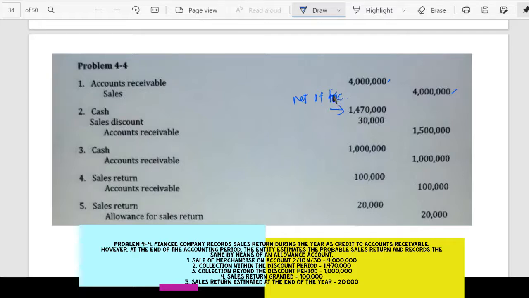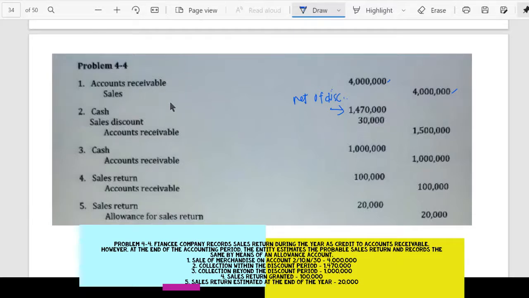So this is already net of discount. So therefore, the original amount is not 1,470,000. It is larger than that because of the discount. So how do we compute the original amount? Remember that the discount is 2%.